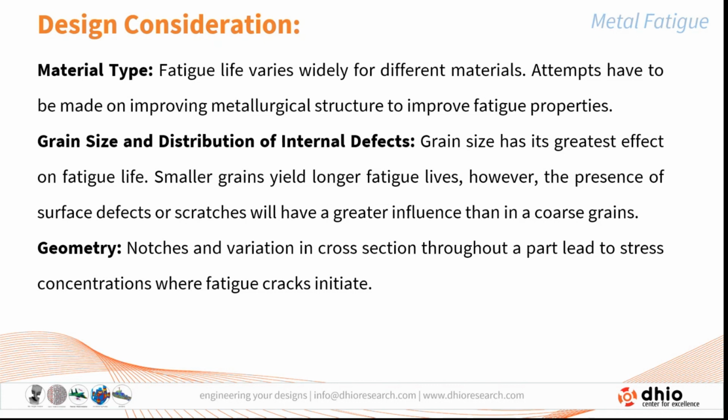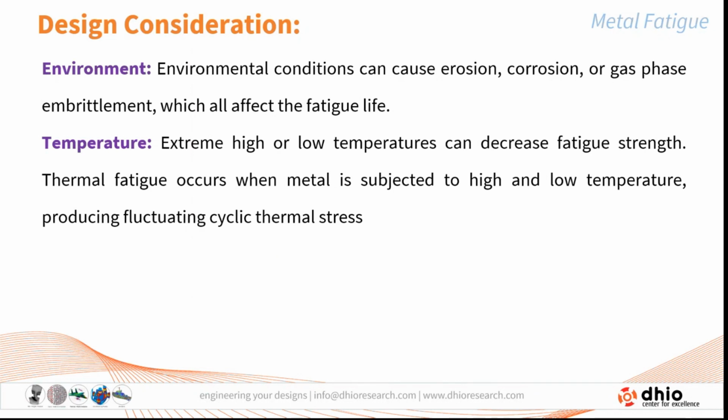Try to provide fillets instead of sharp corners. By providing the geometry appropriately without sharp corners or notches, and by providing fillets, one can enhance the fatigue life of the component.